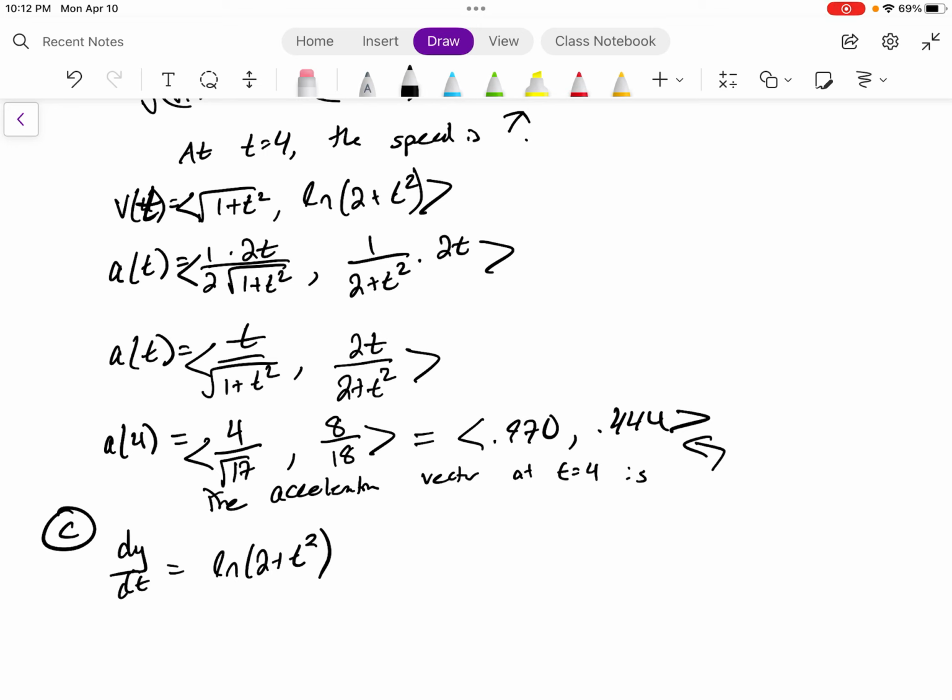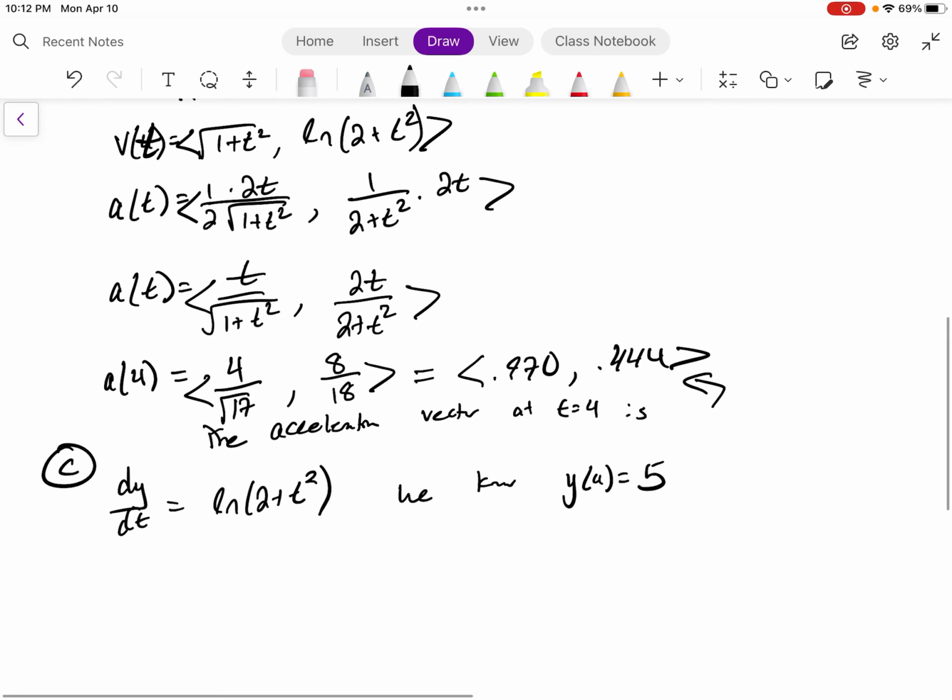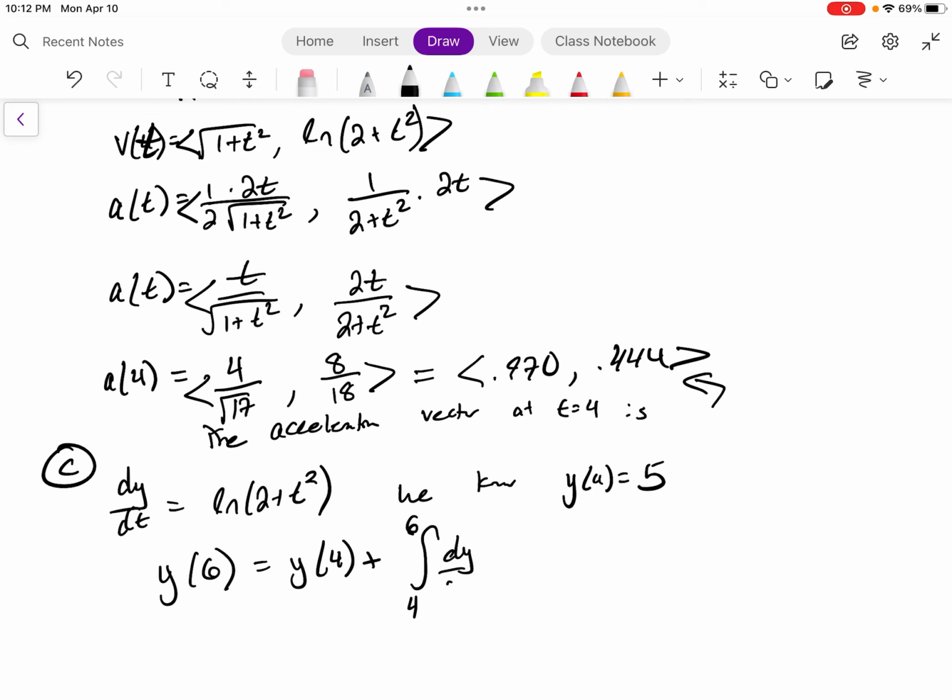We know y of 4 equals 5 from the given, right? Because we started at 1, 5. So I think you guys should all remember this, right? We have sort of this form, right? Where y of 6 equals y of 4 plus the integral from 4 to 6 of this dy dt.